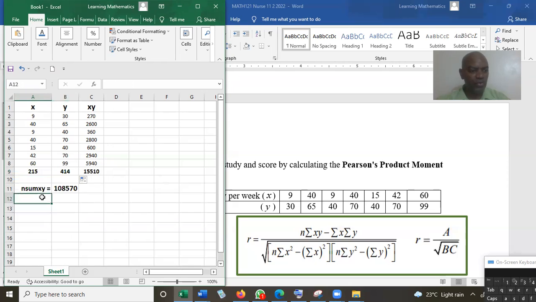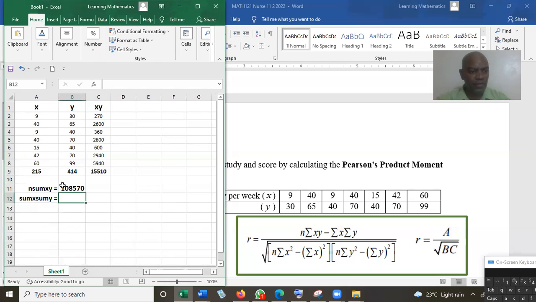So here we are going to calculate the sum of x times the sum of y. So we just type equal, the sum of x is in A9 times the sum of y is in B9, enter. So here's the sum of x times the sum of y.